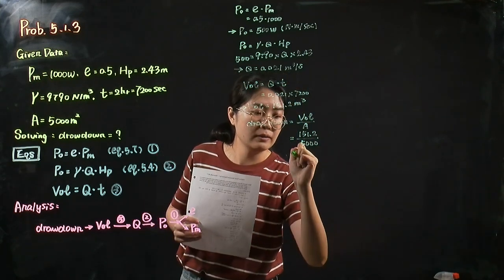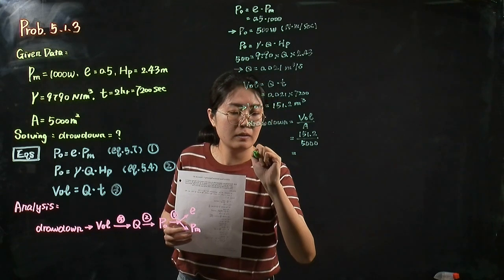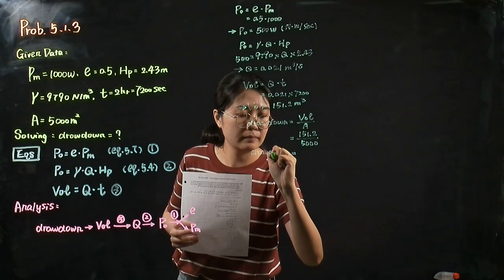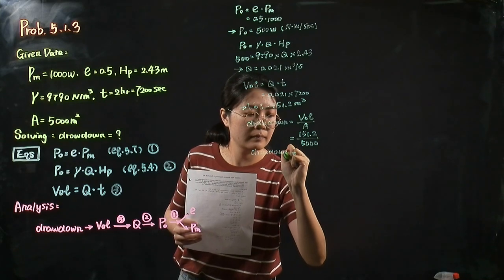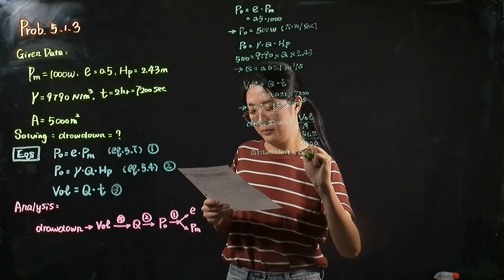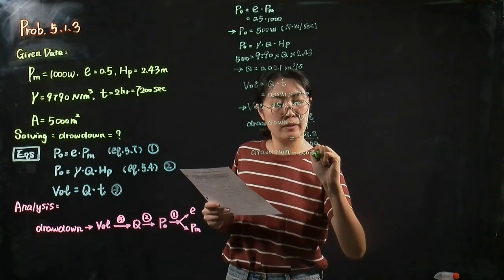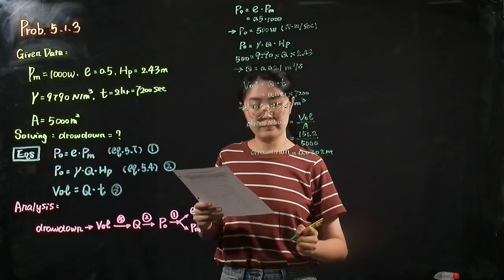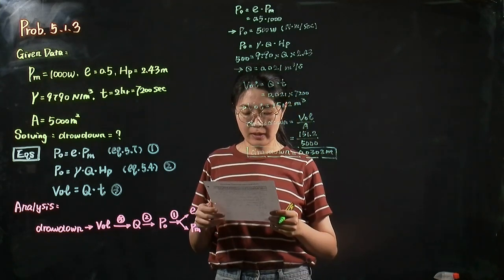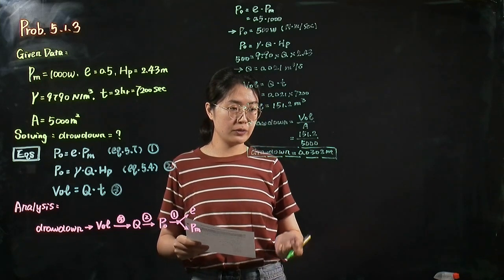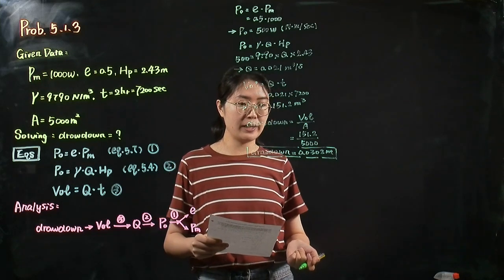Then we can get the draw down. It equals 0.0302 meters. Therefore, the draw down in the first 2-hour period equals 0.0302 meters.